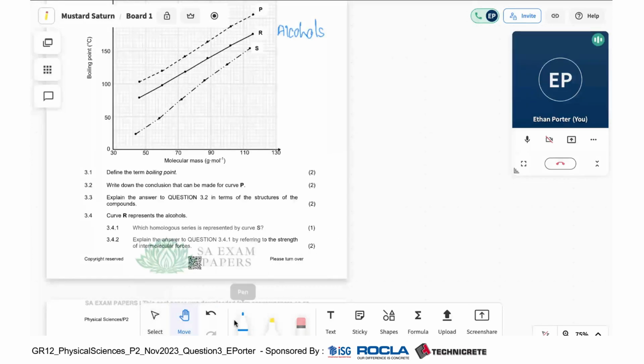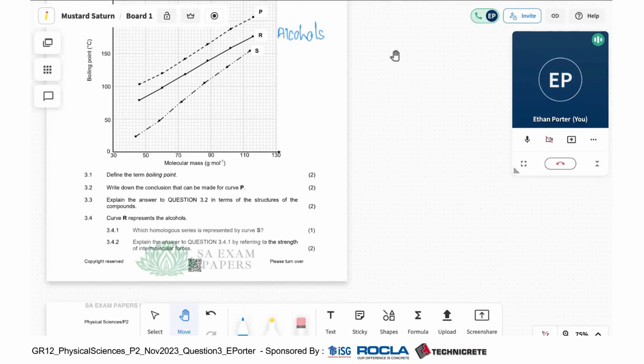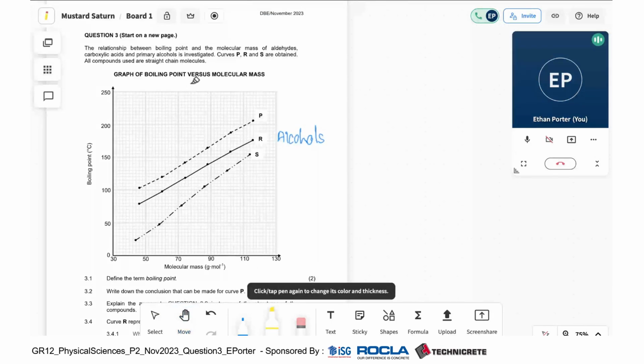So what have they told us? We have carboxylic acids, primary alcohols, and aldehydes. So if R is alcohols, then what is S? That is basically what the question is saying.